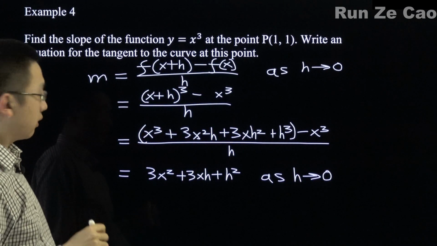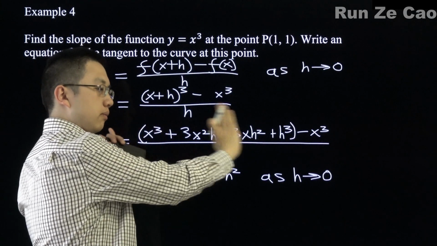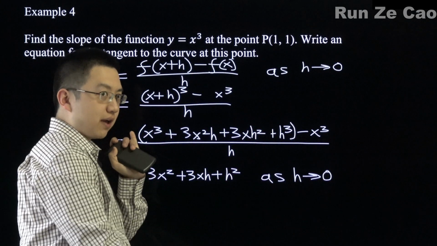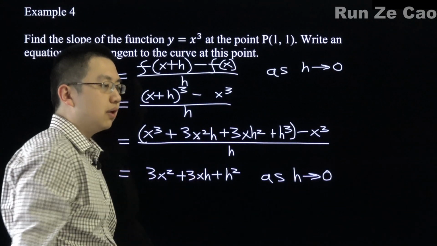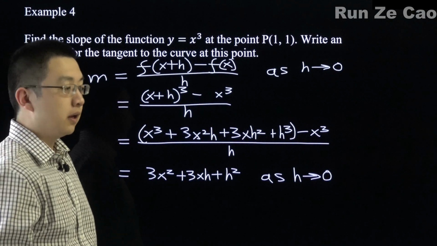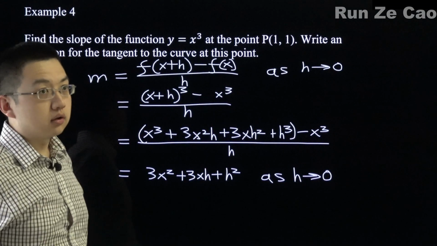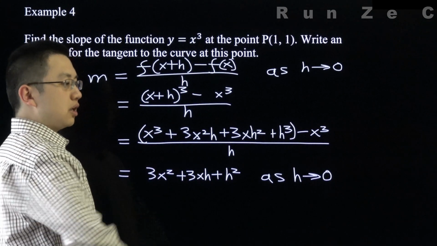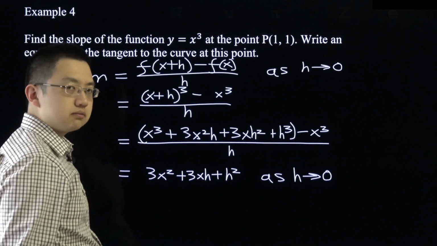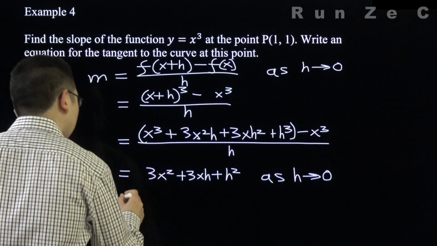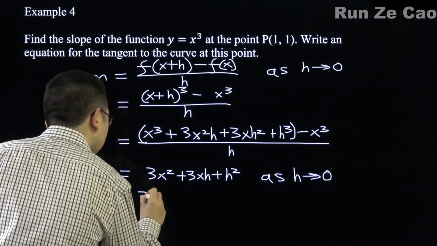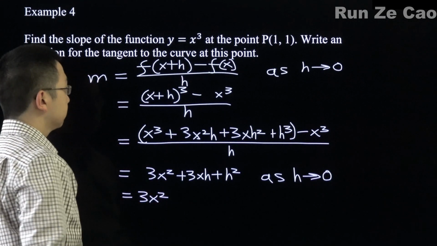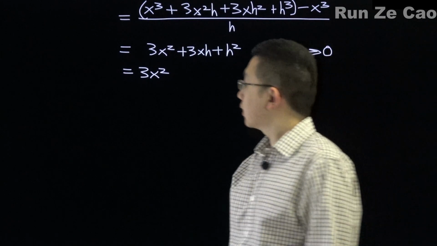So, basically hand-waving the fact that h can't equal 0, thanks to it being in the denominator. What happens if h does equal 0, or is infinitesimal, so anything that's multiplied by h is negligible? Well, then we end up with 3x squared.